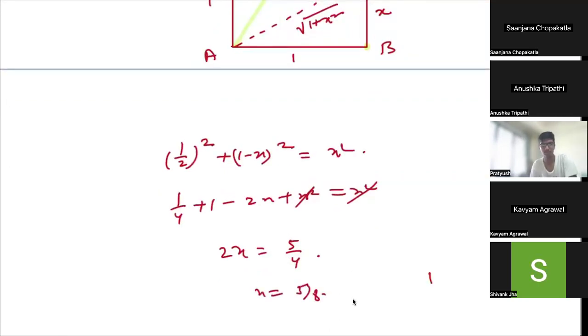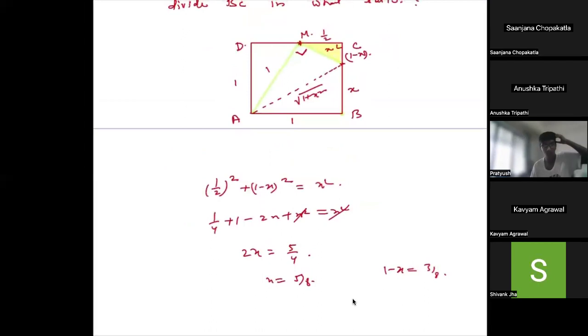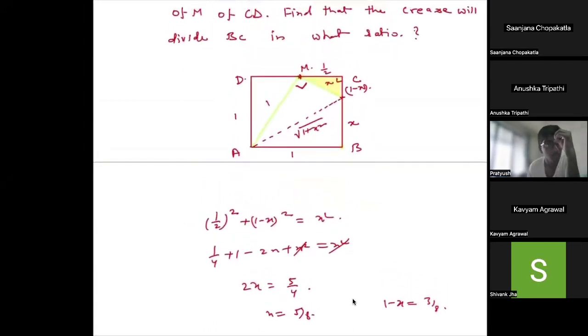So the ratio will be 5:3. Is this okay, everyone? 3:5 or 5:3, from where you are taking BC to this x, the ratio is 5:3.